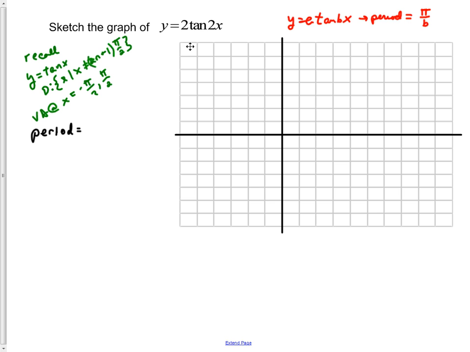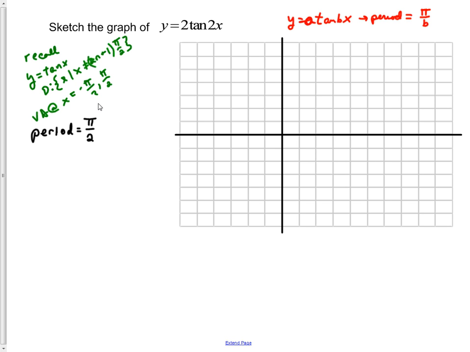Okay, not 2 pi over b, right? Because the natural period of tangent is pi, so the period will be pi divided by b. So in this case, our period is going to be pi divided by 2. All right.